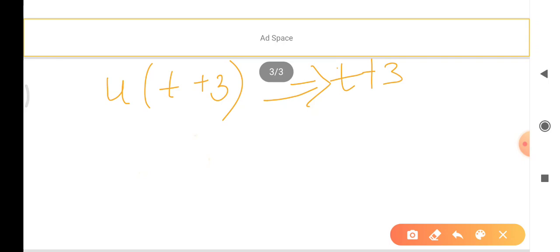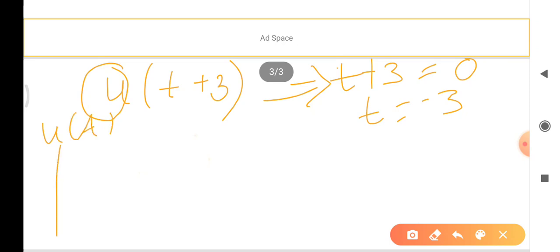Okay, let's do another one, that is u of t plus 3. Let's take t plus 3 equal to 0, so t is equal to minus 3. Remember, the original signal was u of t, which starts from 0 and is present for greater than 0, as we have already defined.